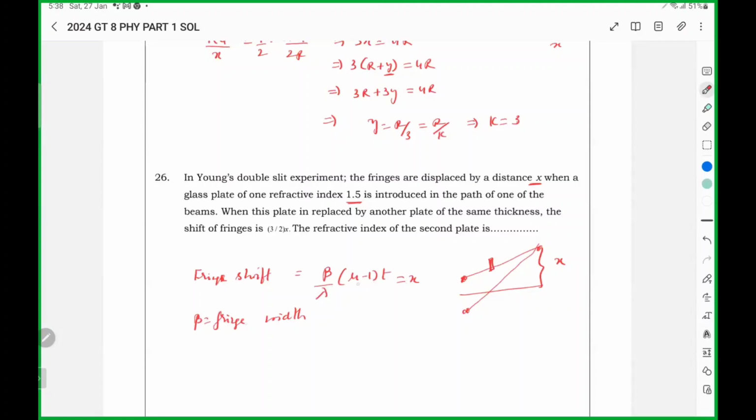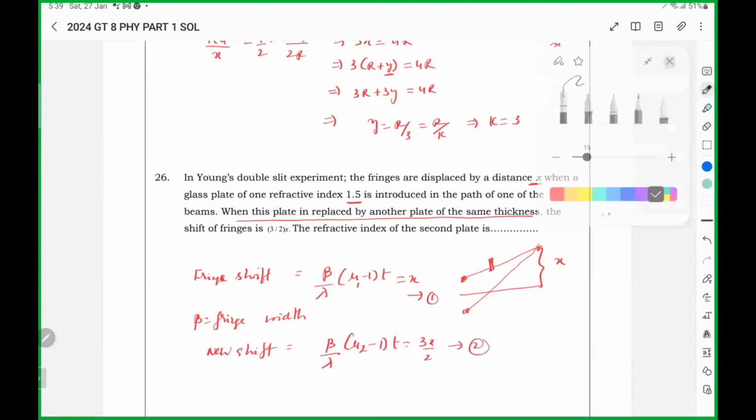So let us say this is mu1. When the plate is replaced by another plate of same thickness, so new shift will be, same thickness he told, maybe refractive index, plate change and refractive index change, that is 3x by 2.